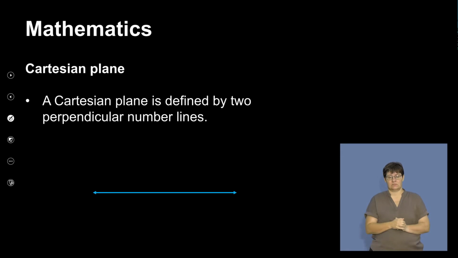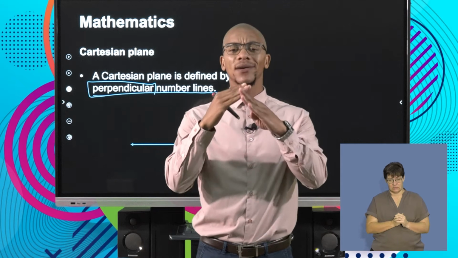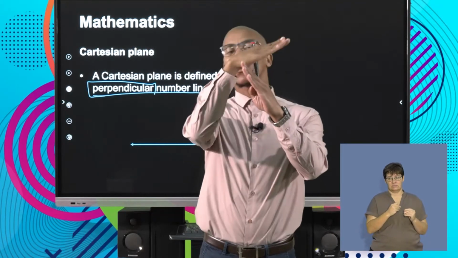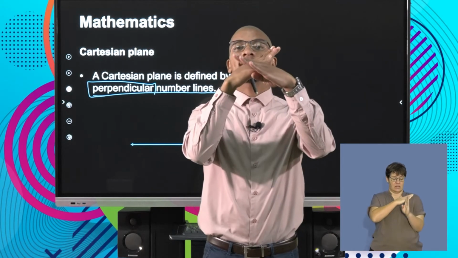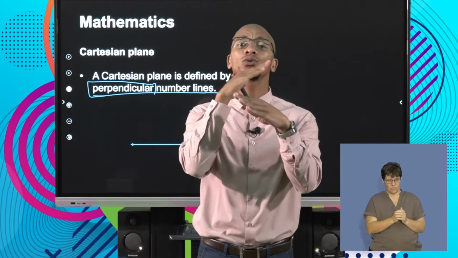Now, with a Cartesian plane, guys, a Cartesian plane is defined by two perpendicular number lines. The most important thing here is they must be perpendicular to each other. Perpendicular means they form a 90-degree angle, right? So as soon as you have two lines now that are, one is a slant line and the other one is a slant line, and you want to claim that that is a Cartesian plane, that's not going to be possible.